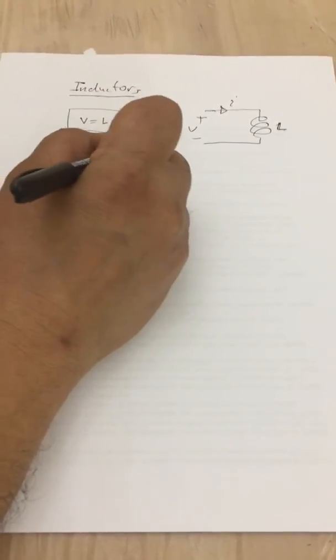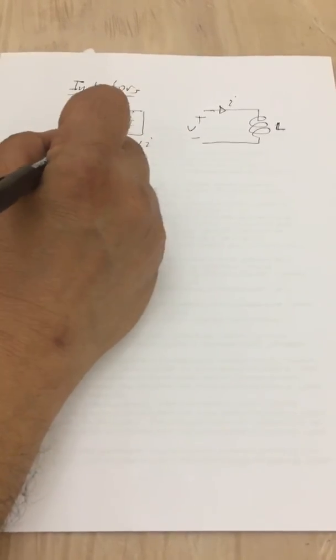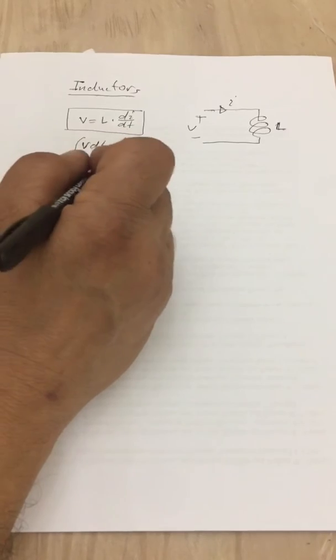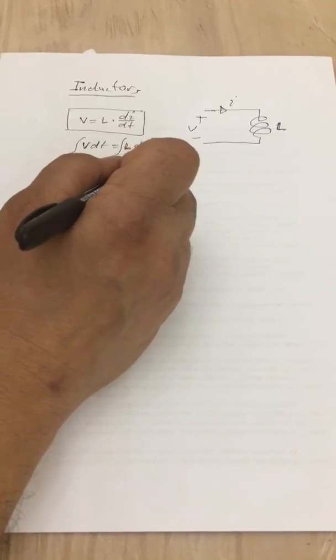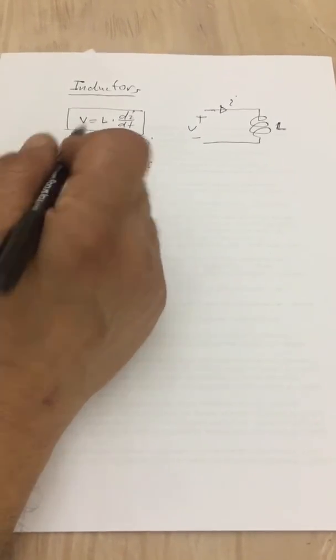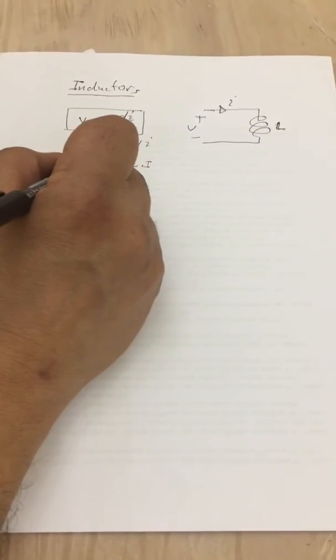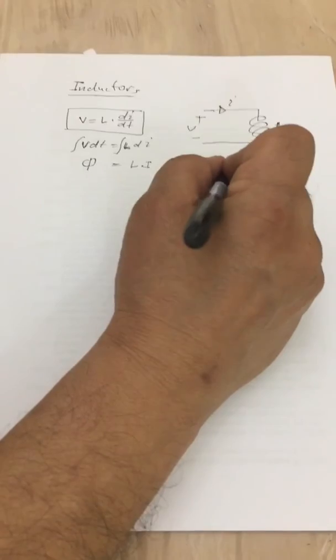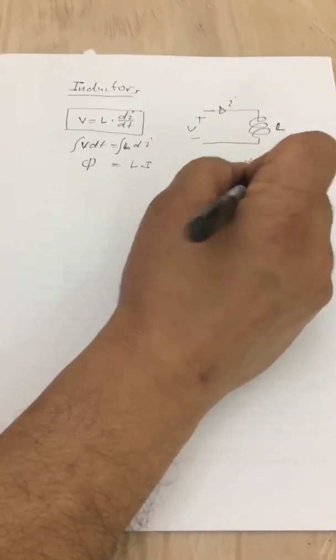So if we integrate, we get L di. The integration of L di will give you Li. Integration of V dt will give you flux from Faraday's law.